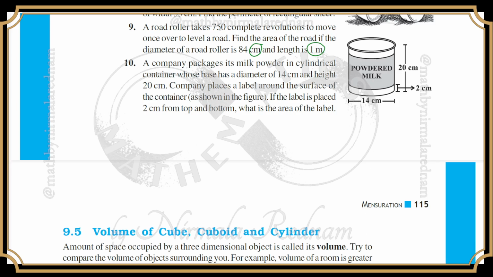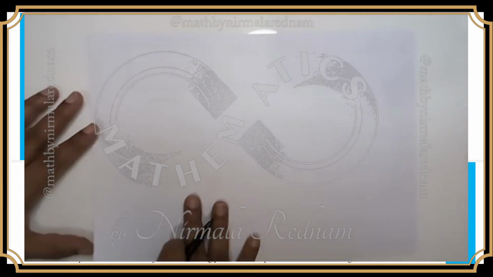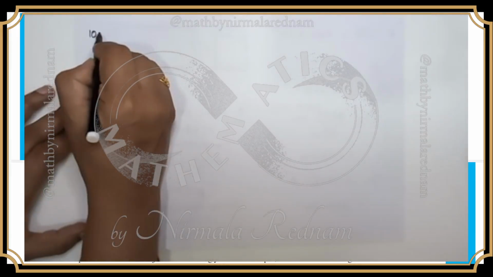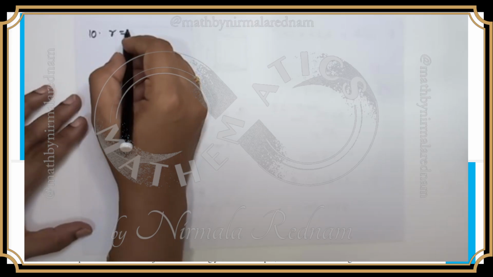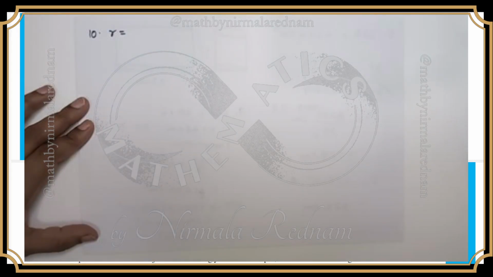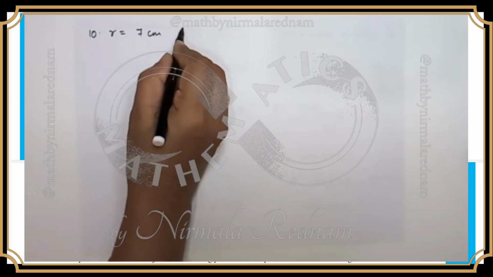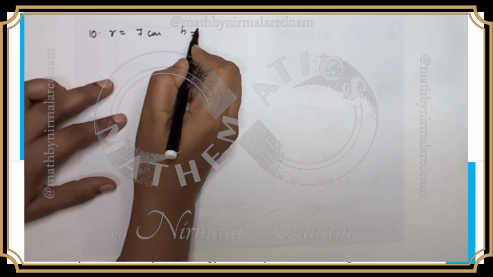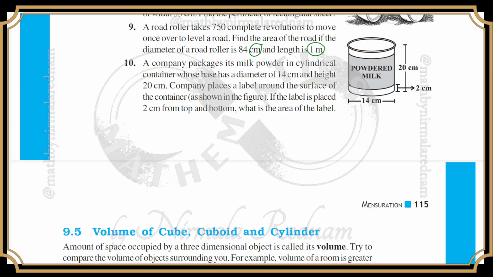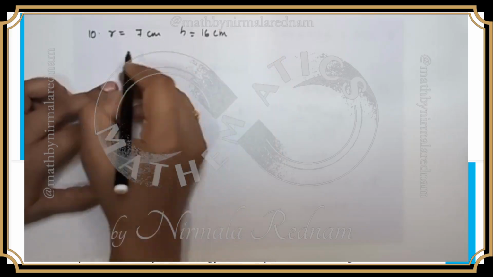So for my label, the measurements are going to be the corresponding R and H. R is the same as the can, which is 7 because D is 14. And the height: you have 20, out of which 2 centimeters each on top and bottom you're going to deduct, which is 4, so you'll get 16 centimeters.